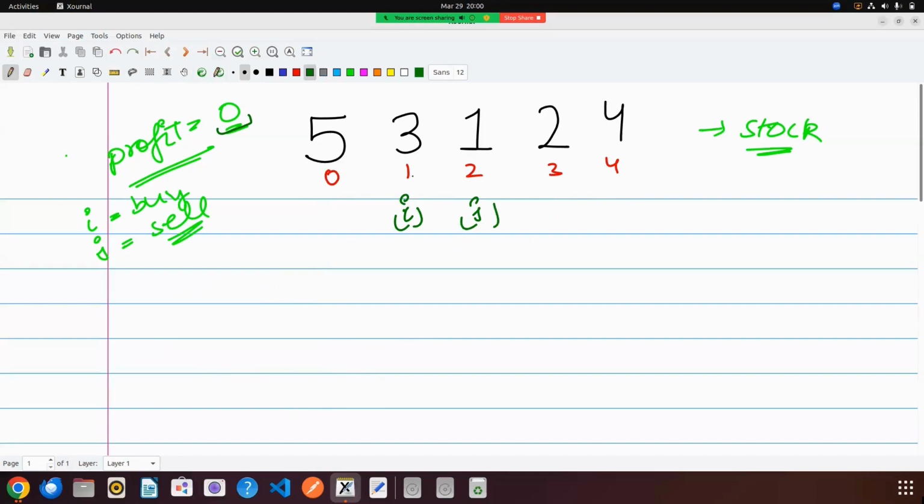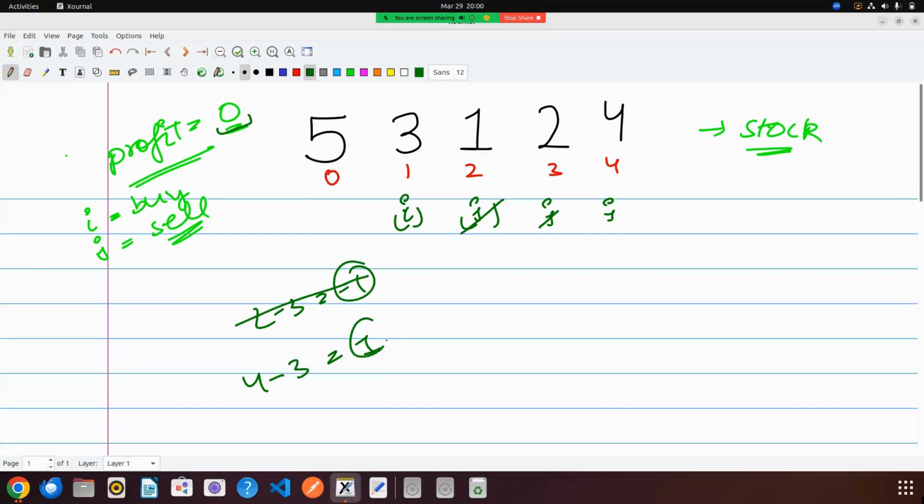So if I buy it on 1 and sell it on 2, what will be the profit? The profit will be 1 minus 3, that is -2. Again, it's a loss. Let's move forward. Now sell it on 3. Now the profit we can achieve is -1, again a loss, right? Now sell it on 4. Now let's see what the profit is. We are buying it for 3 and we are selling it for 4.